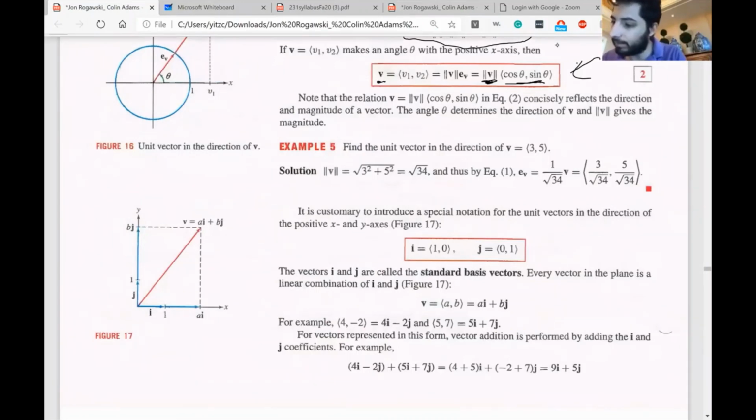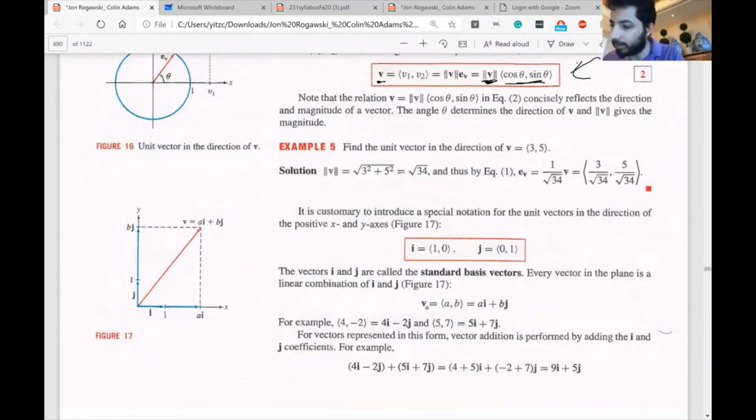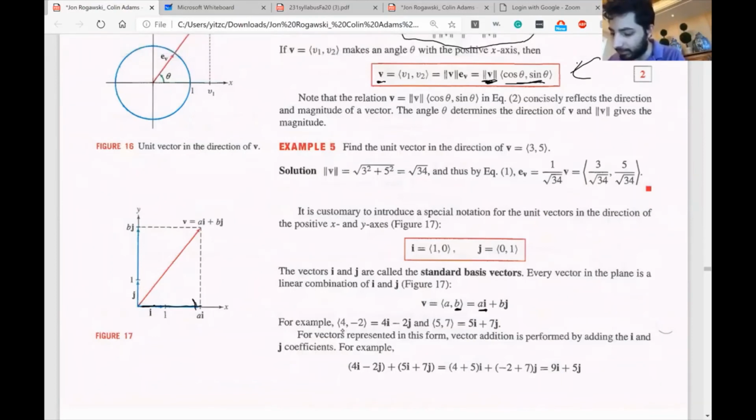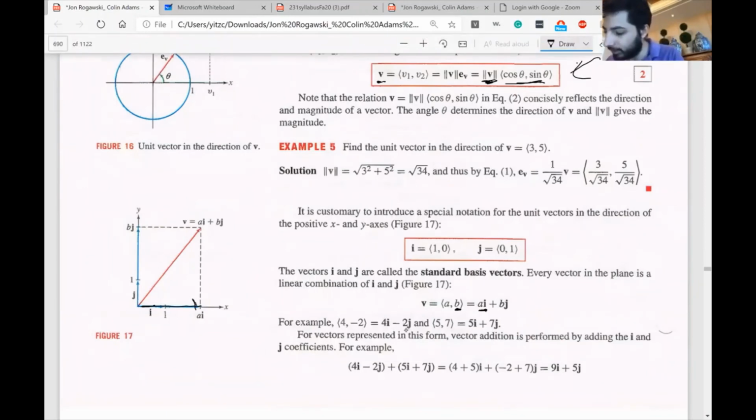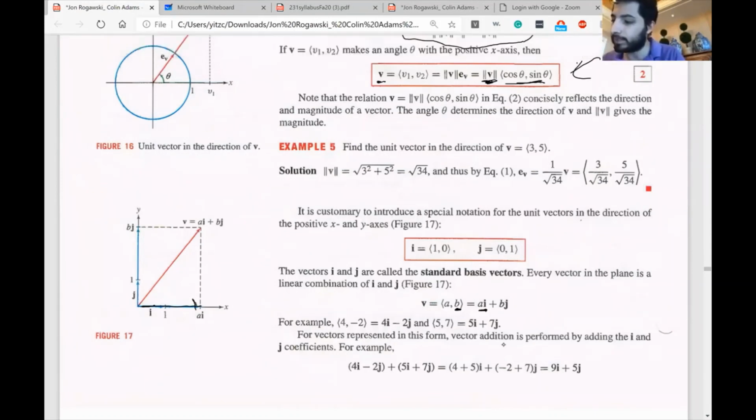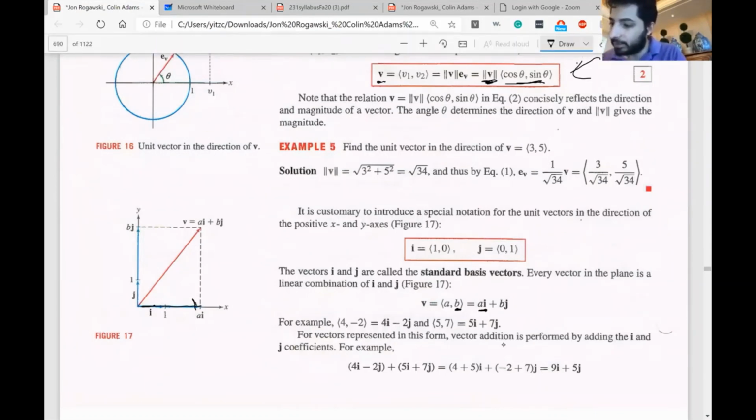You can think of V as being Ai, which is the amount that you have in the X direction, plus Bj, which is the component in the Y direction. Right, so the vector 4, minus 2 can be written as 4i minus 2j, and 5, minus 7 can be written as 5i minus 7j.